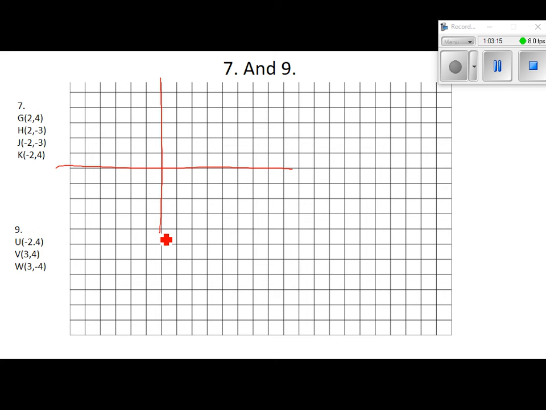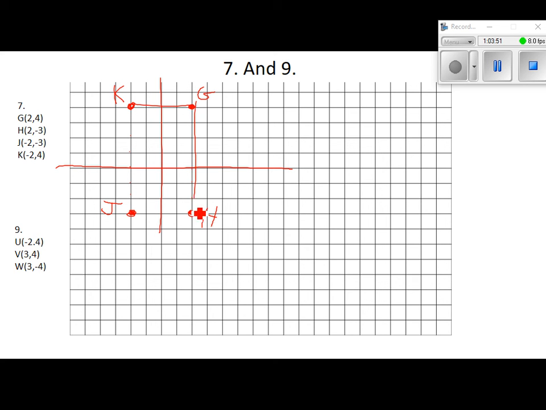We got the point 2,4, so to the right 2, up 4, that's G. To the right 2, down 3, that's H. To the left 2, down 3, that's J. And then -2, 4, so left 2, up 4, that's K.